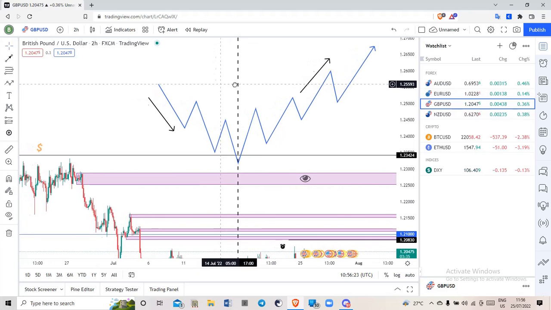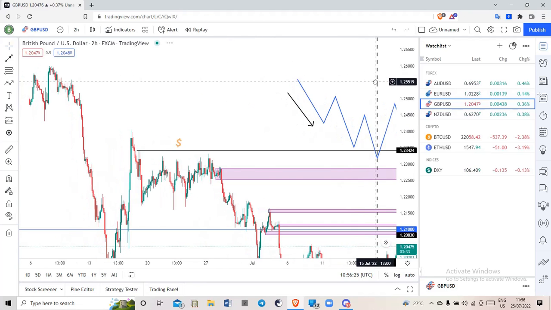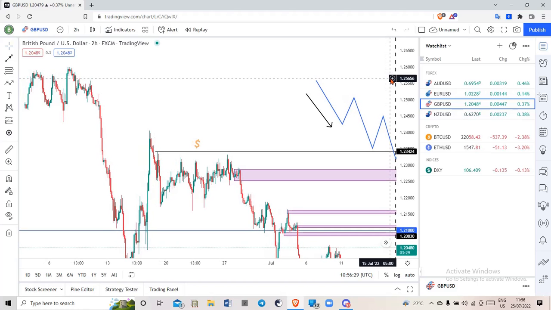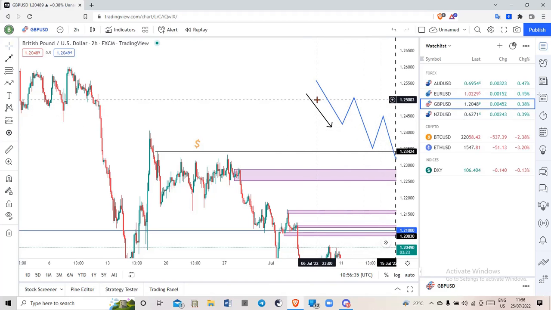Let's talk about the downtrend and then move to the uptrend. Now, looking at this downtrend, as we have established, how you will know it is that, first of all, from the origin of the move, from where the move of the downtrend started, we could call it the high of the market.